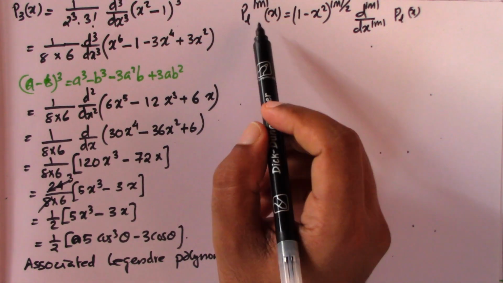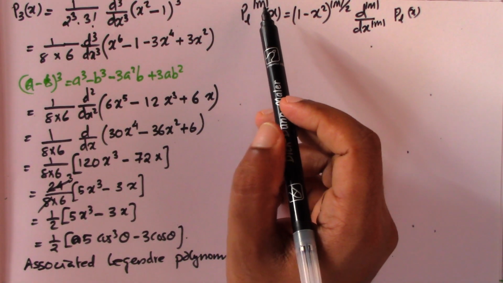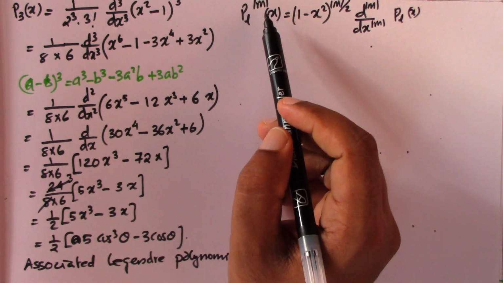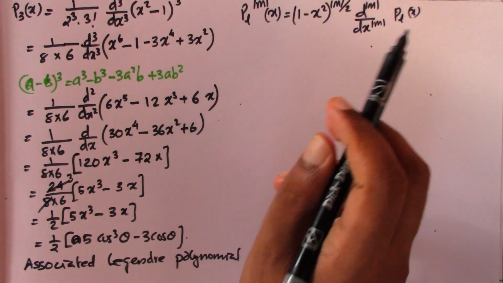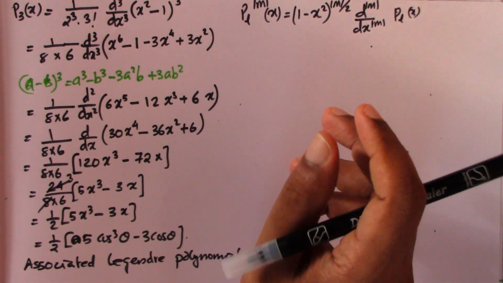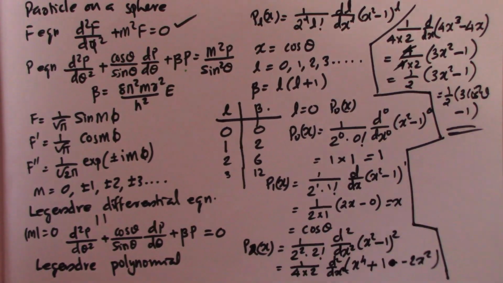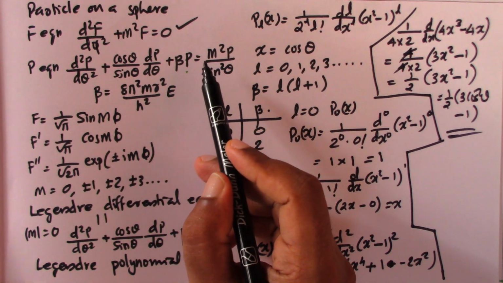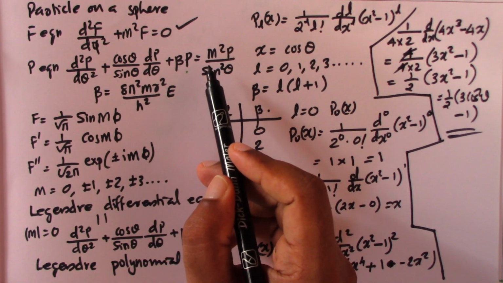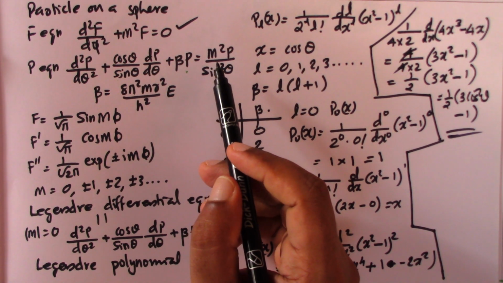Here there are L and the absolute value of m. You have to note that it is the absolute value of m which is taken here, because only the absolute value of m matters. Because in the right hand side of the Legendre differential equation, that is m square P by sin square theta, the sign of m doesn't matter, because if it is positive or negative, that doesn't matter.